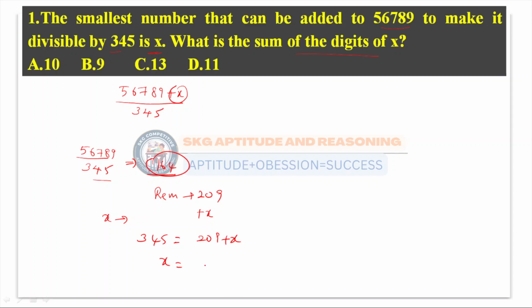The value of x is 345 minus 209, which equals 136. The sum of digits of x is 1 plus 3 plus 6, which equals 10. So the answer for this problem is 10, which is presented in option 1.